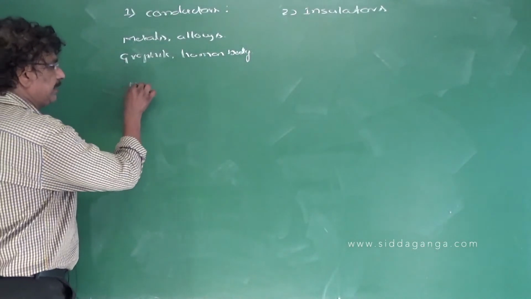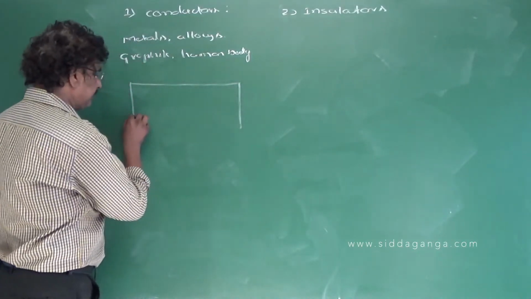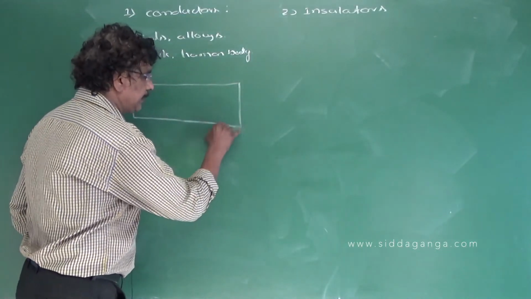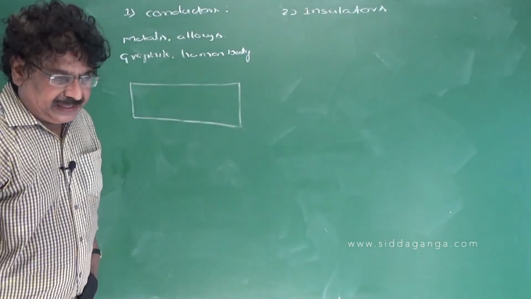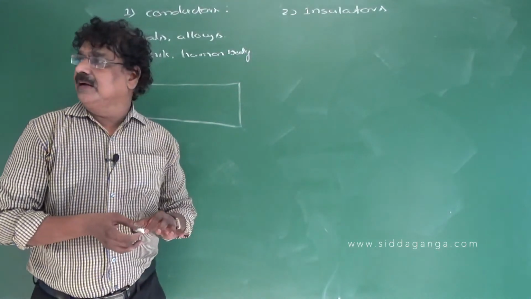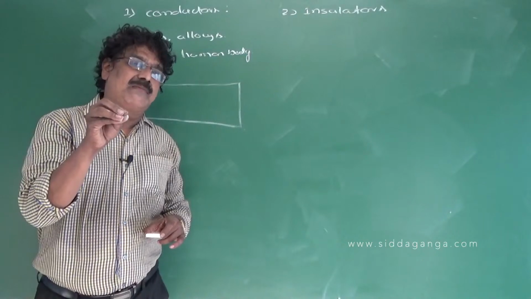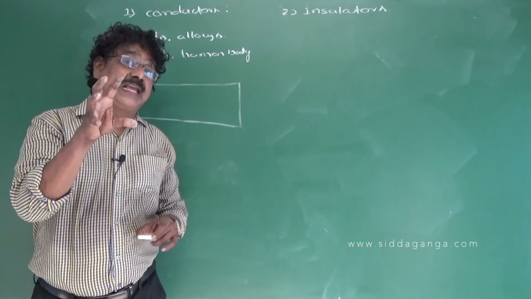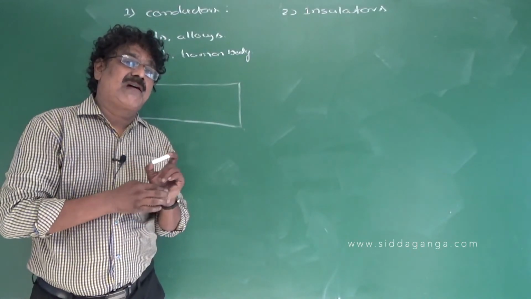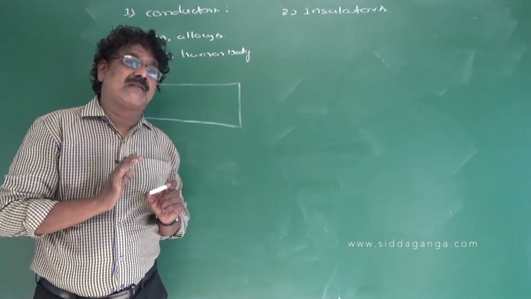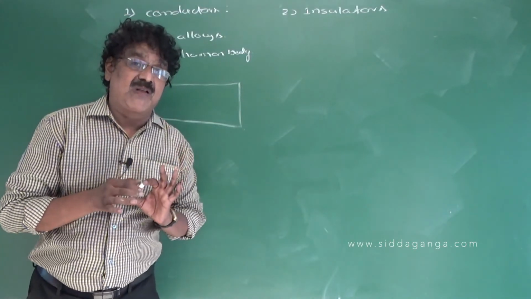When we take a piece of metal, we know that in an atom, the electrons are revolving around the nucleus in various orbits. The electron in the outermost orbit is called the valence electron.